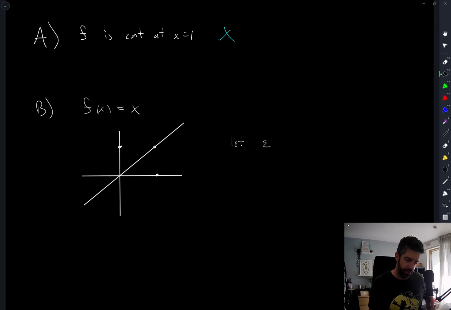So let epsilon greater than 0 be fixed. I just have to choose delta. If I choose delta to equal epsilon, I think I'm done.